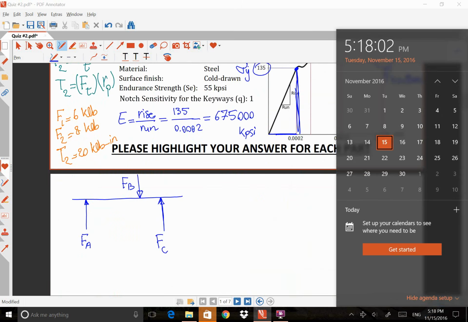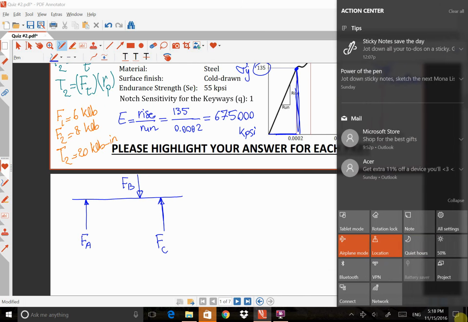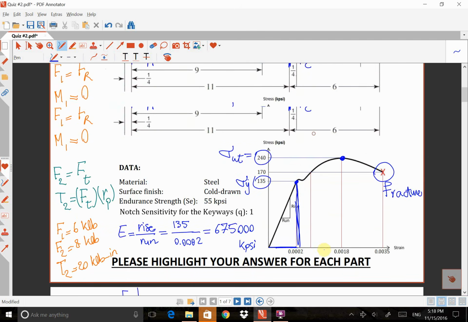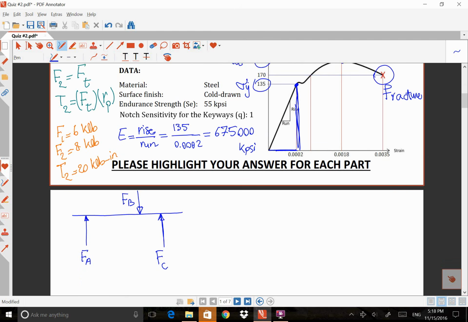So, for example, if this is my F1, and this is my F2, then Fb is the resultant force, so that is my Fb.